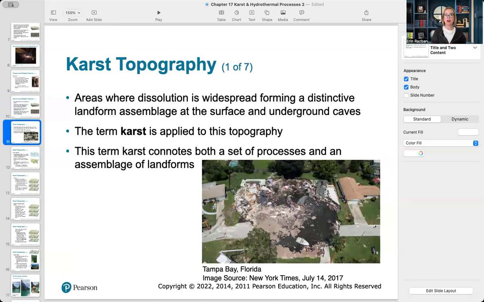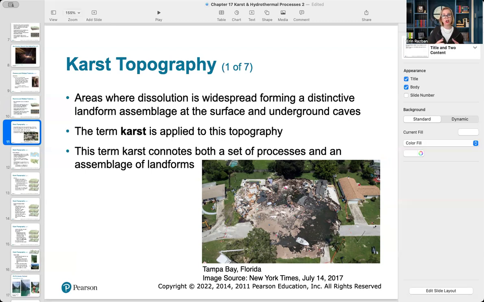Next, we're going to talk about karst topography, and this is what we see on the surface. When we're looking above ground, we can examine karst topography. These are landscapes developed as a consequence of subsurface solution.